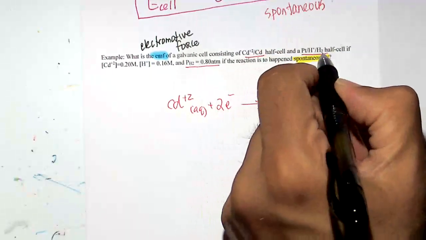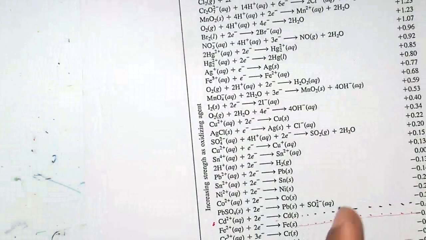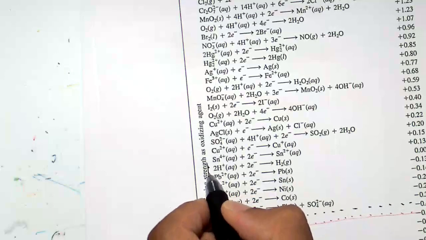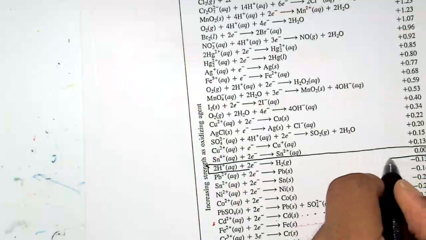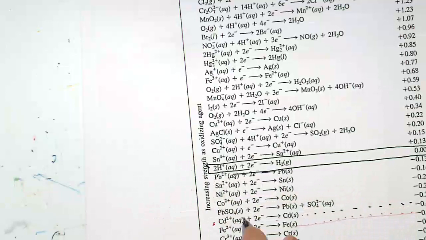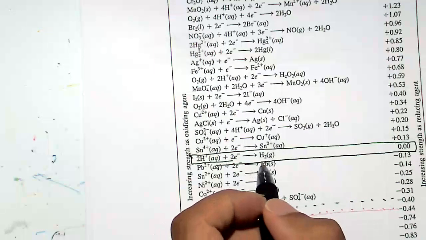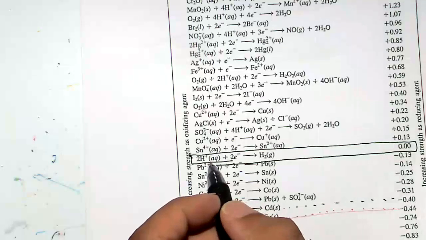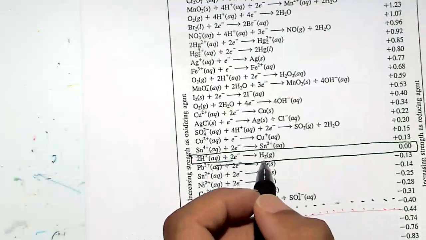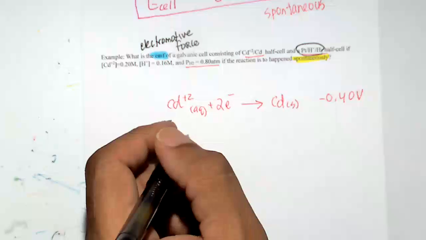And we'll do the same thing for the hydrogen H2. I know this is 0, but it's sort of like the baseline. Don't let the platinum fool you, because it's a gas. The platinum collects the gas, but the Pt has nothing to do with the problem. So this is the second one: 2H+ plus 2e minus goes to H2 gas, 0 volts.